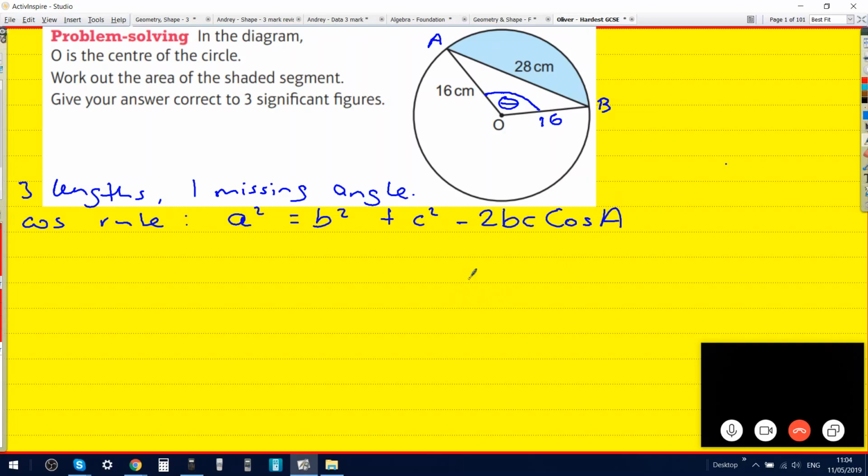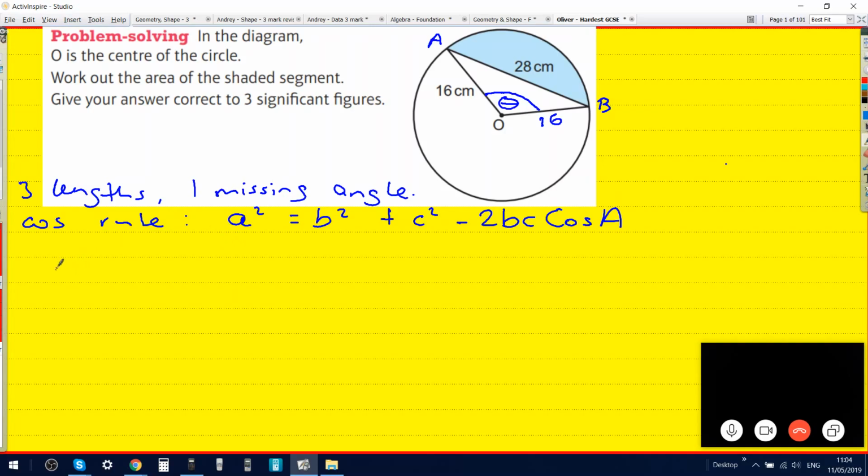And then we have to do the rearranged one so that we get the angle. I'm trying to remember it. So you could just rearrange it, or you could sub in the numbers and rearrange. So you'd minus b squared and c squared.